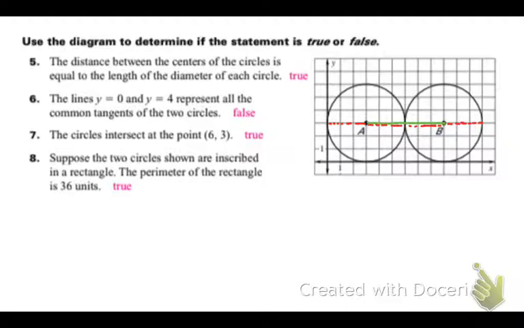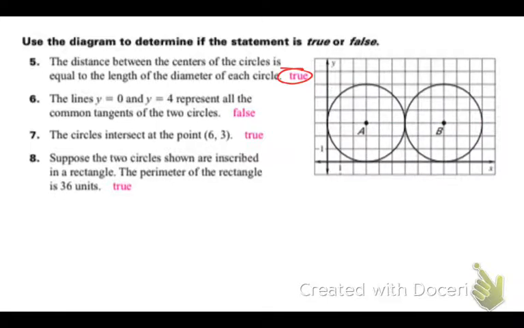Okay, it makes sense that the distance between the centers, if I just shifted it over so it touched the edge here, and it touched the edge here, obviously it would be equal if I shifted it over this way and put the ends of the line here and here. So this is true. Okay, I'm going to erase these marks.